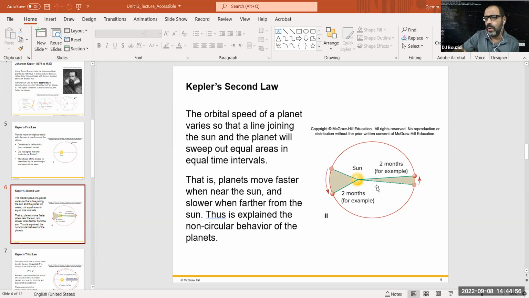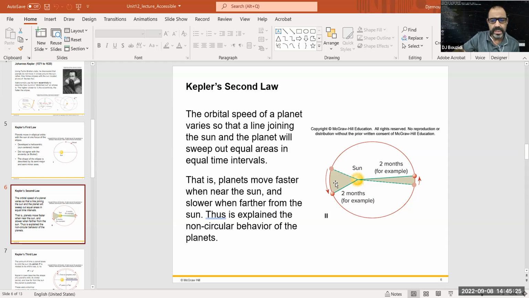Now you wait 2 more months. It doesn't matter where really, but if you like, you can do it on the opposite side when the planet is nearby the sun. You wait for 2 months after that. Well, the imaginary line is going to sweep this area, meaning the planet will travel through this arc, so that this area is the one swept in 2 months.